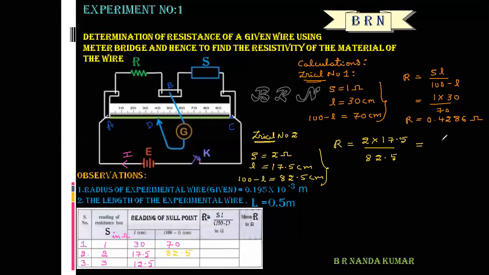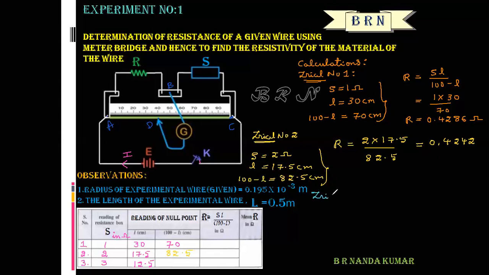So finally we get the value 0.4242. Next, go to the next trial.